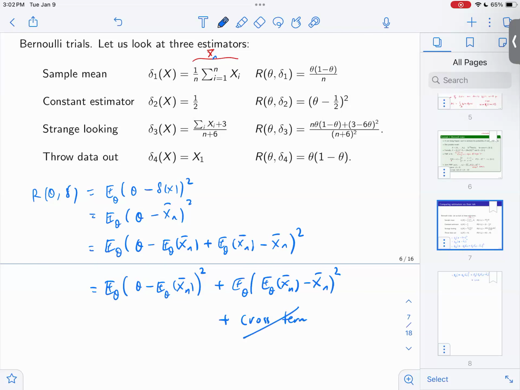And the cross term goes away. It is 0, you can verify that for yourself.